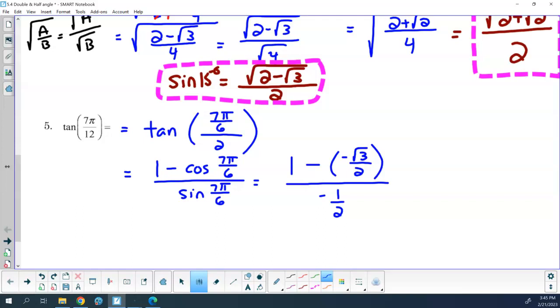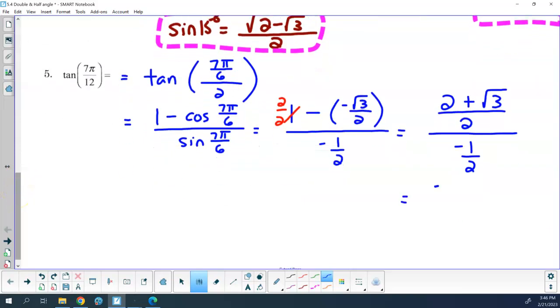My numerator, again, 1 is like 2 over 2. So my numerator is actually 2 minus a negative is plus the square root of 3 all over 2. And then that is still all over 1/2. Keep, change, flip.